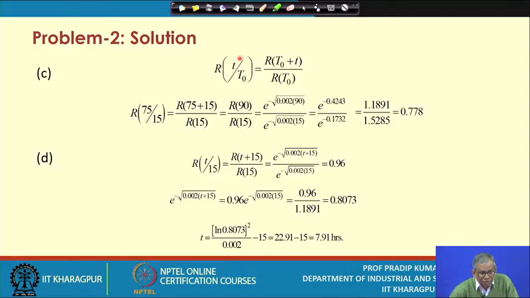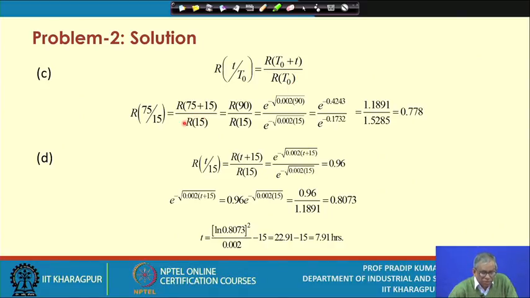Now this is the expression for the conditional reliability: R(t plus T0 given that it has survived for T0 time period). So what is T0? That means it is the burn-in phase. What is the burn-in time? That is 15 hours.